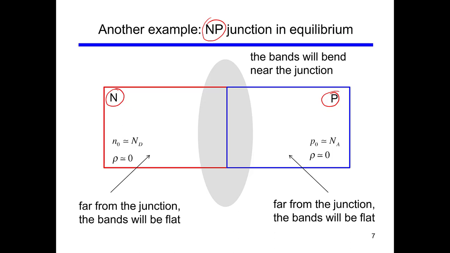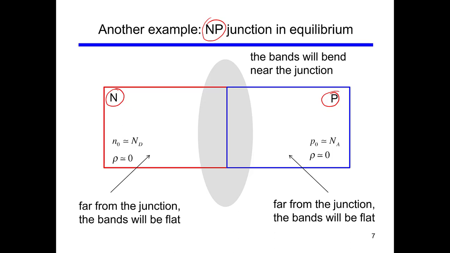On the N side we will have electrons, and on the P side we will have the holes. Now, as I told you, far from the junction, the band will be flat on both sides.